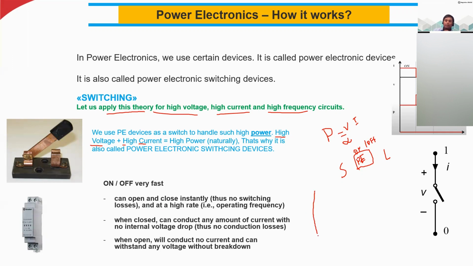So maybe for example, now I have plus 10 volt DC as the source. So my load needs only 5 volt DC. So what I am going to do is I have the source that is the plus 10 volt.